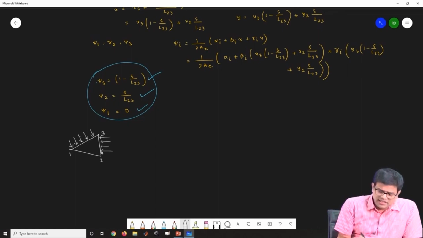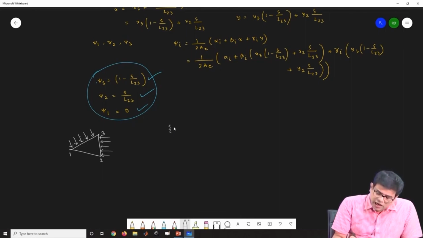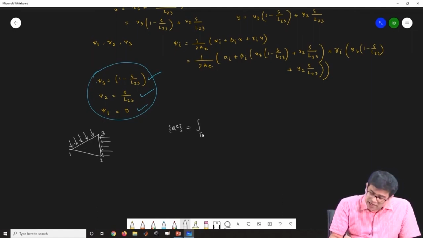This can also be calculated. Here in this triangle, essentially your QE will have 3 quantities, that is the integral of lambda E, H, psi transpose into Tx Ty.